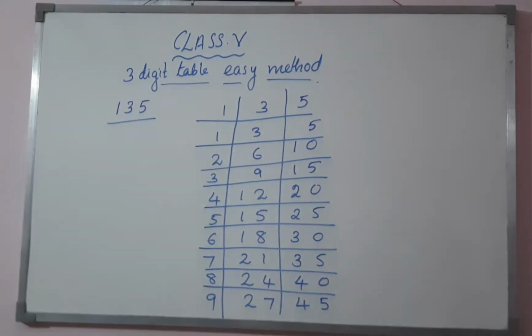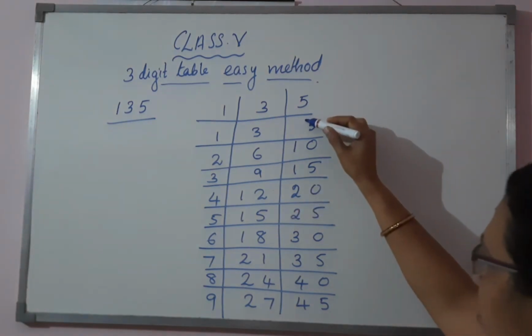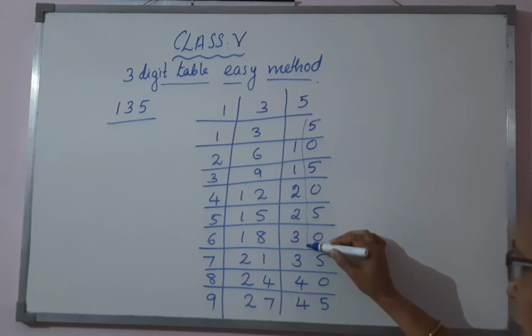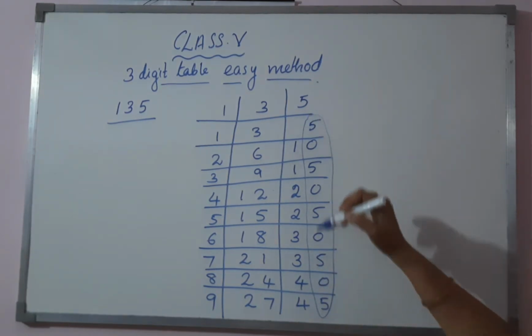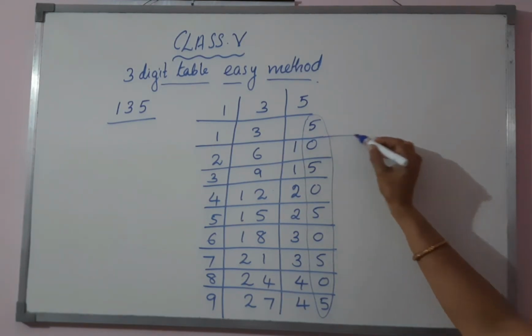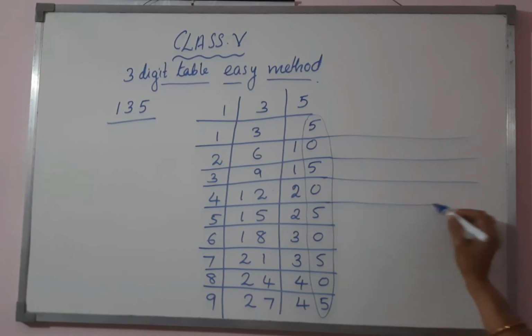When we write the table, first we have to take all the ones place digits, as you did with 2-digit numbers. Please take the ones place digit and write it here. I am drawing this line, otherwise you will misplace it.